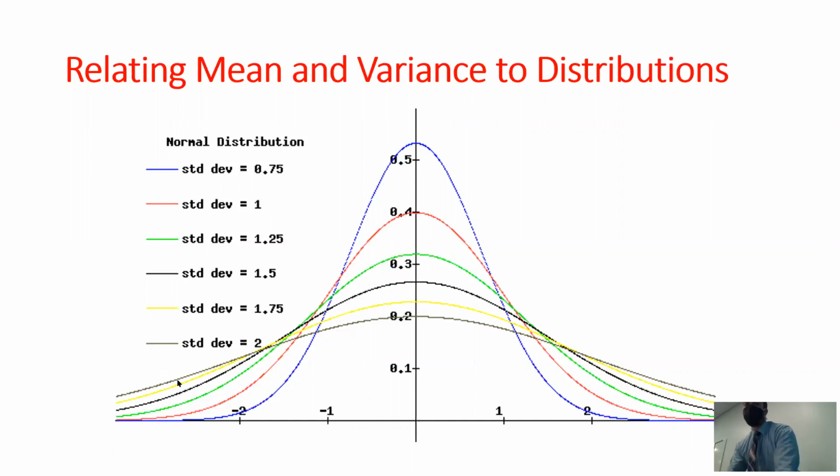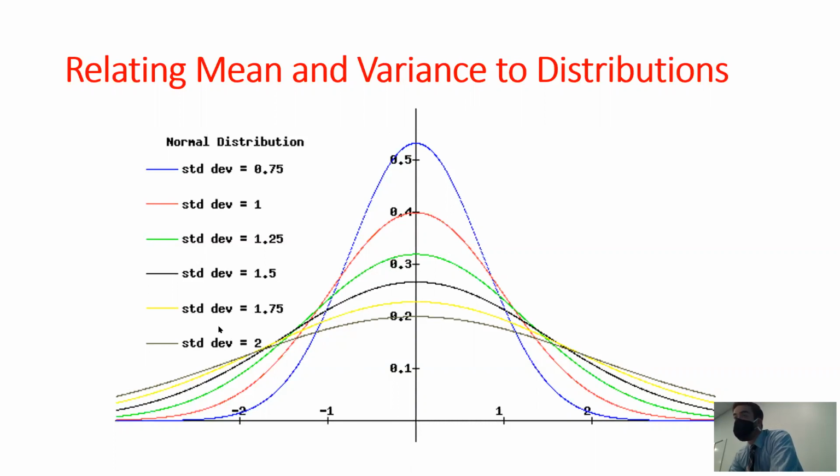Right? And we'll see this photo a couple other times during the semester. I'm introducing it here now. We haven't talked about these continuous distributions, but the general idea is that the mean would shift these distributions, and as the variance or the standard deviation gets closer and closer to 0, we end up with a really peaked distribution because all the values centered around the mean are going to be the most likely values we see from that data set.